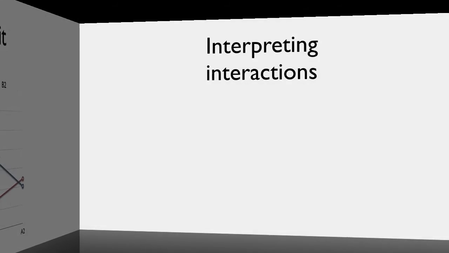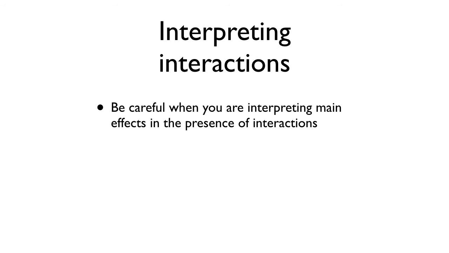Okay, so how do we interpret this? It's kind of difficult to interpret main effects, that's just the effect of A or just the effect of B, in the presence of an interaction.